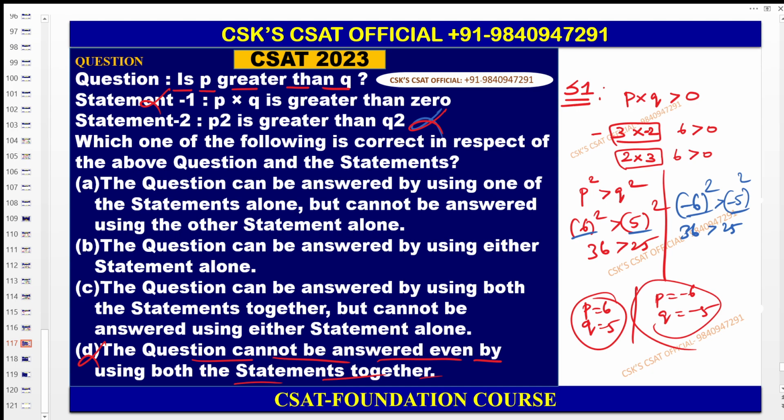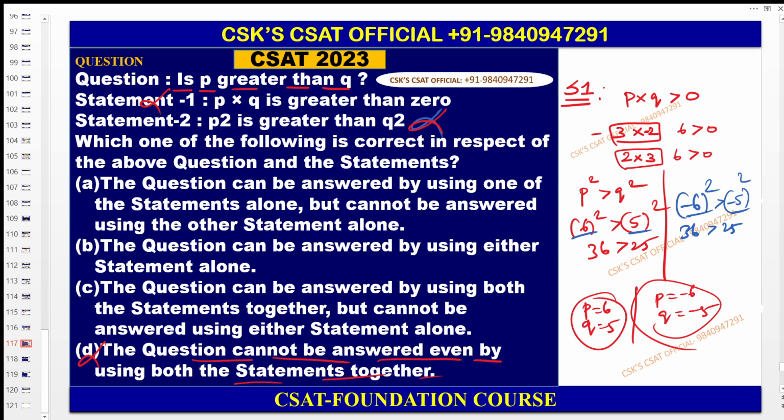Since here, in the second case, this is lesser than. Understood? Yes or no? -6 is lesser than -5. Even though -6 squared is greater, now what is the question here?